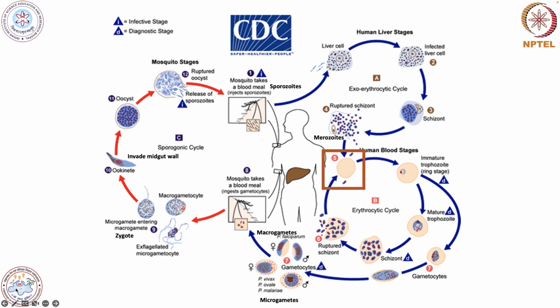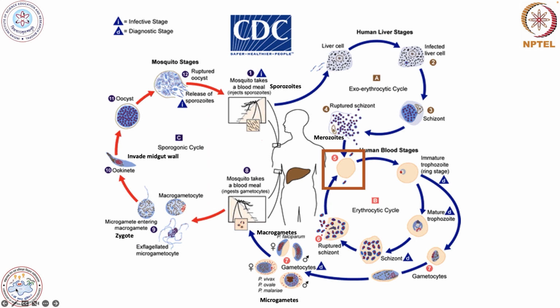Here you can see that these merozoites are infecting the RBCs, and now they will initiate the erythrocytic cycle. Here you can see there is an erythrocytic cycle, and then these merozoites infect RBCs as ring stage trophozoites.